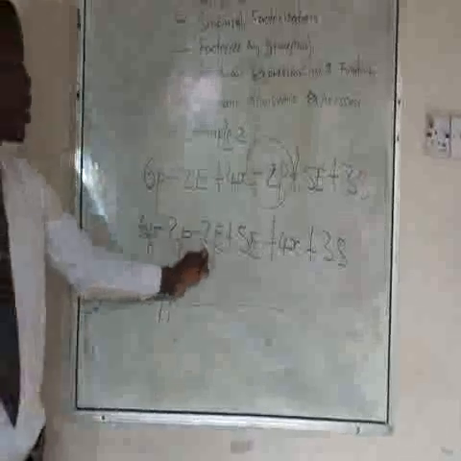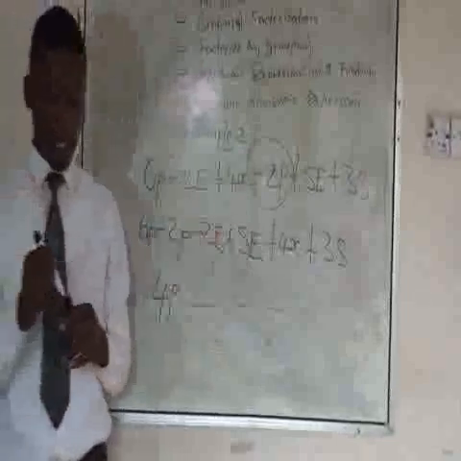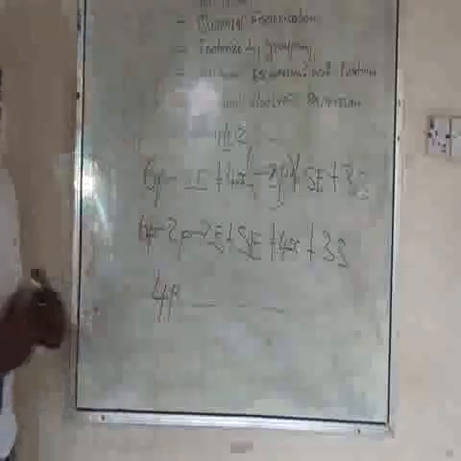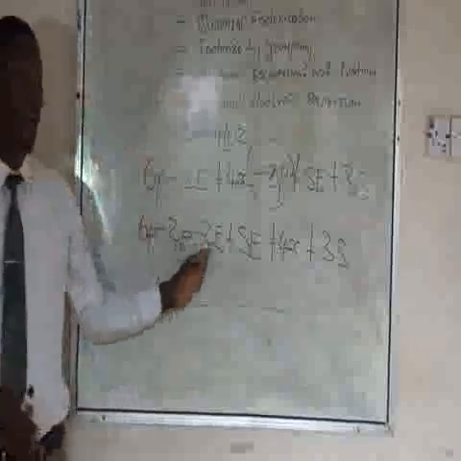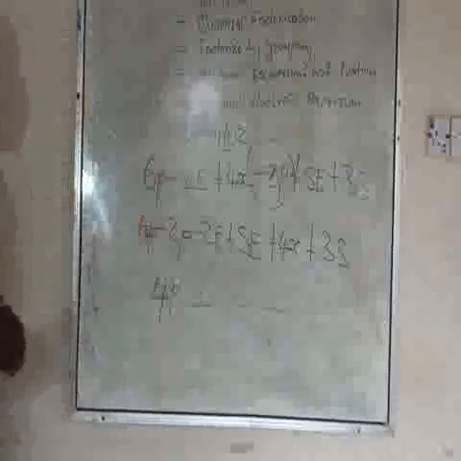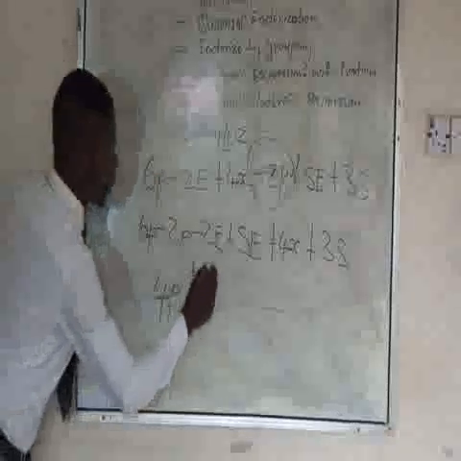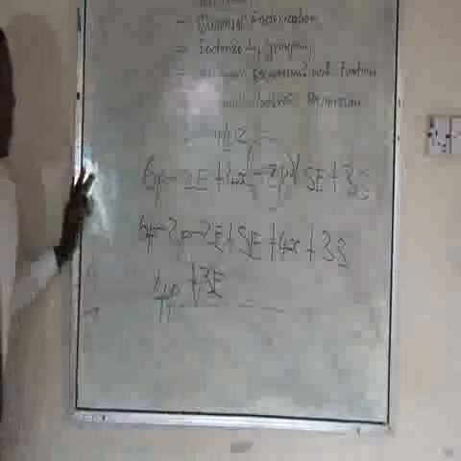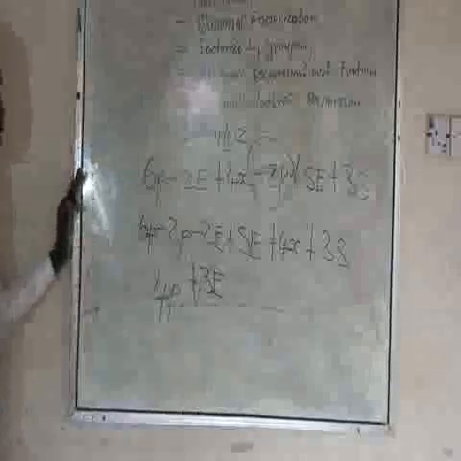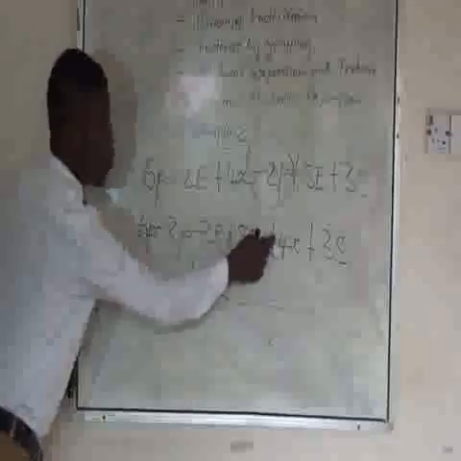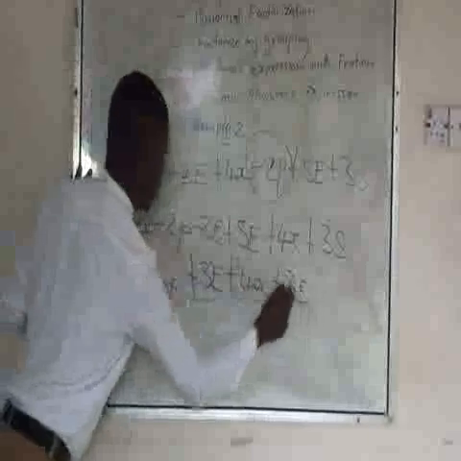Minus 2e plus 5e. You owe somebody 2 oranges and you have 5 oranges. When you pay that person 2, you have a balance of plus 3 oranges. That's 3e. Then you bring back plus 4x plus 3x.